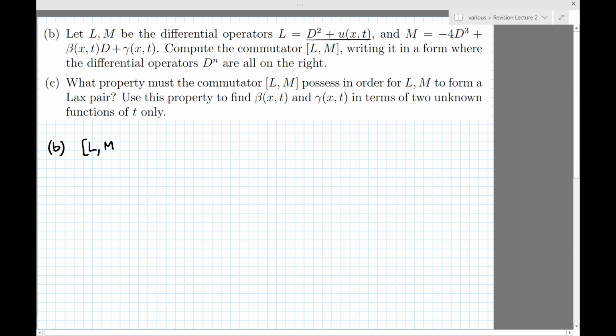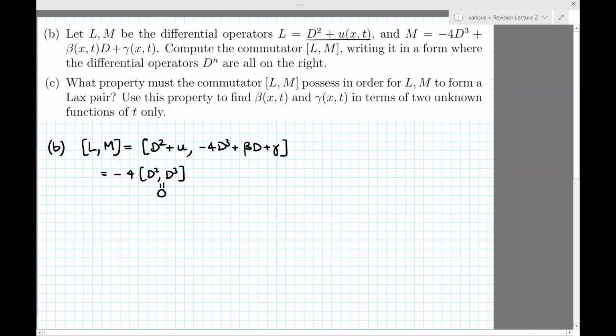Commutator of L and M, L is equal to d squared plus u, and M is equal to minus 4d cubed plus beta d plus gamma. So there are a few terms here. First we have the commutator of d squared with d cubed. Let me write that down explicitly. But this is clearly equal to 0.